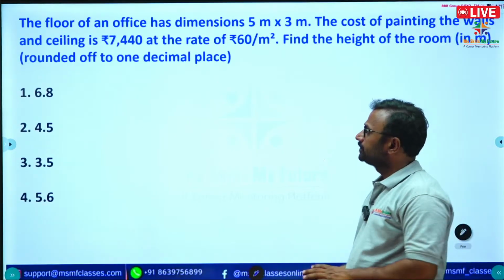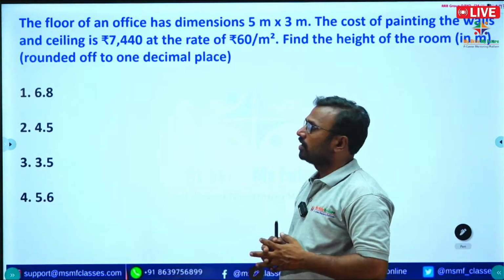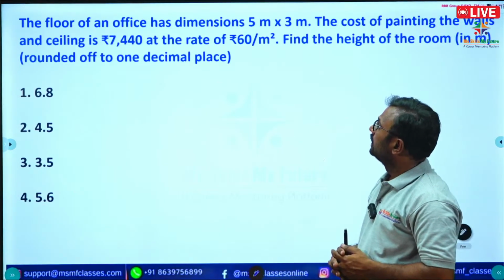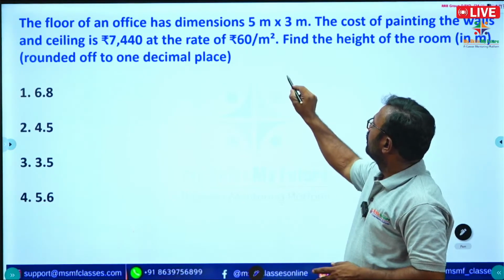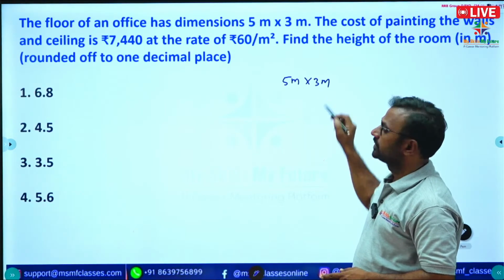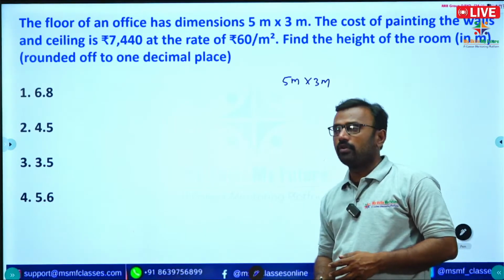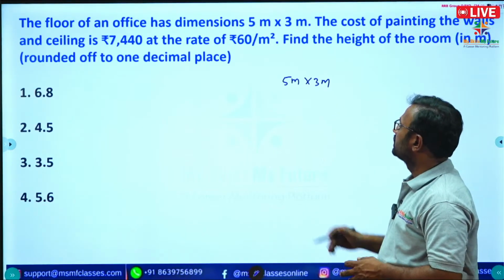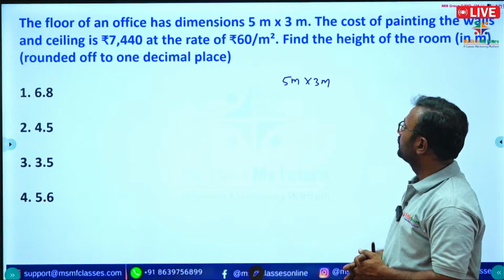See the question here. The floor of an office has the dimensions 5 meters and 3 meters.